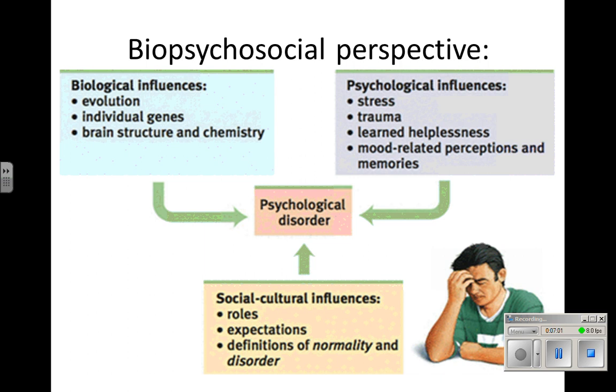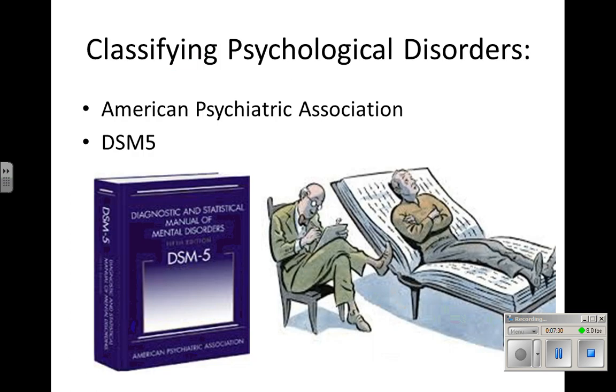Abnormalities there factor in towards a psychological disorder. Same with psychological things: stress, traumas, learned helplessness, things like that can bring that out. And sociocultural influences, so your roles and expectations, as well as what is defined as being normal in our society and what's defined as being abnormal in our society. So all three of these factors come together for us to be able to create and classify psychological disorders.